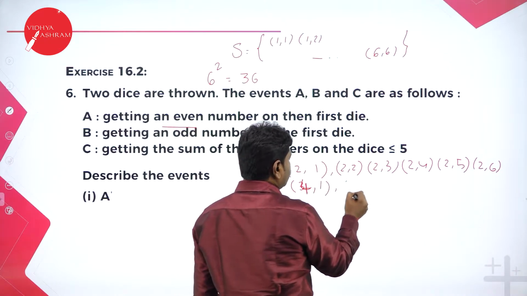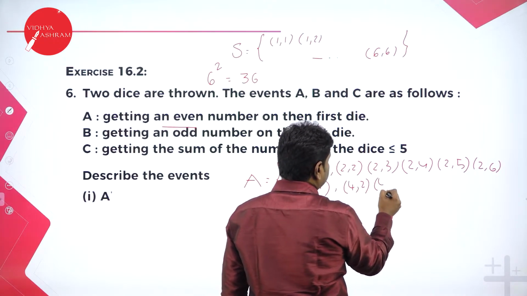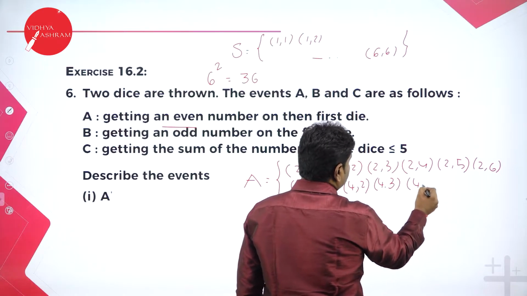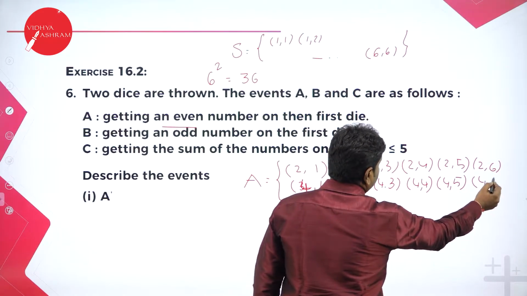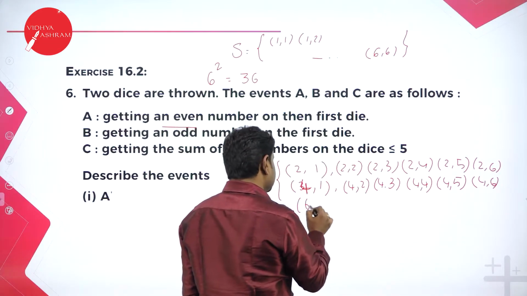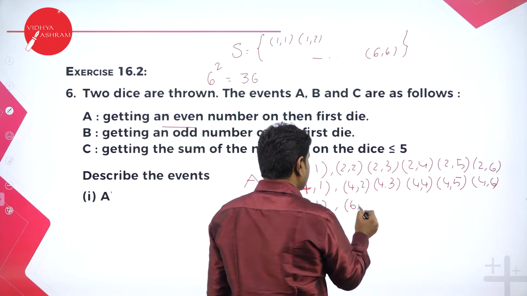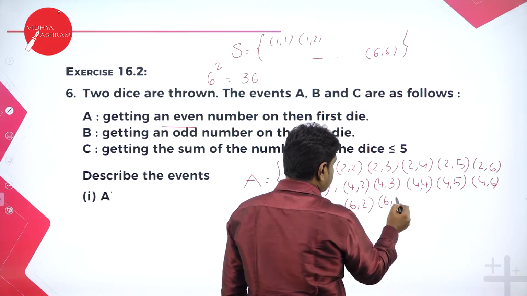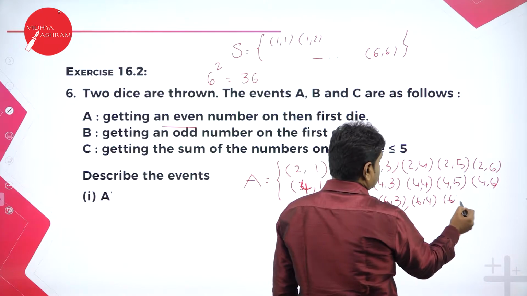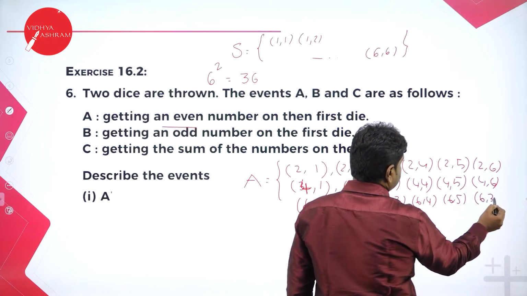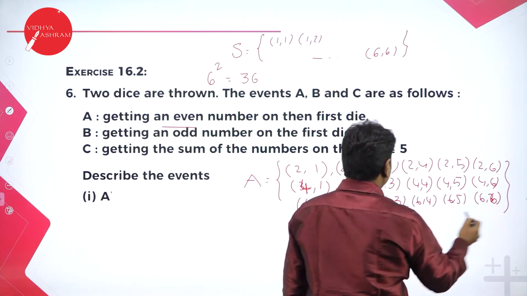So 4,1, 4,2, 4,3, 4,4, 4,5, 4,6. Or you may get the first die as 6: 6,1, 6,2, 6,3, 6,4, 6,5, 6,6. So 6 threes are 18 outputs you will get.